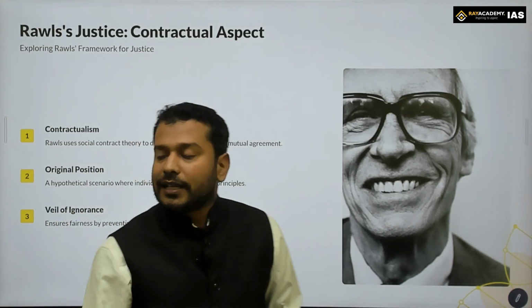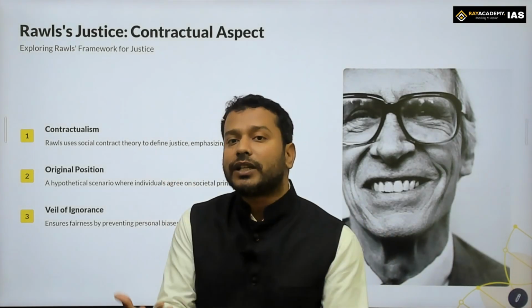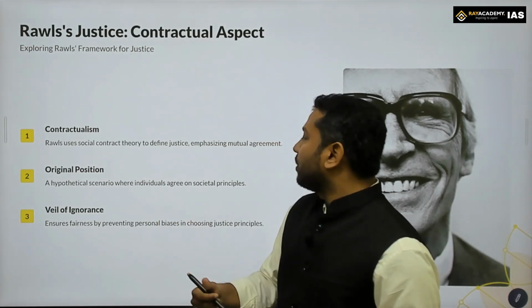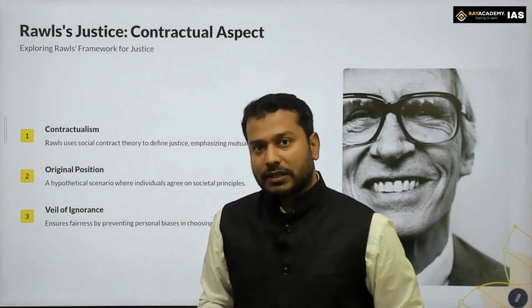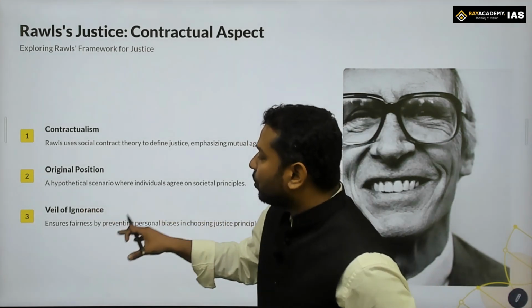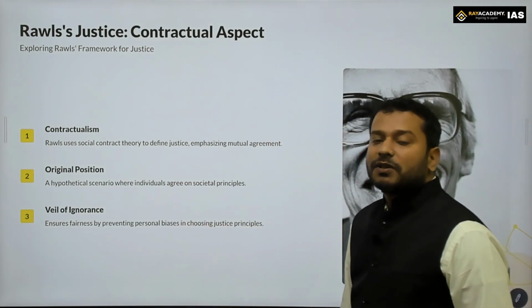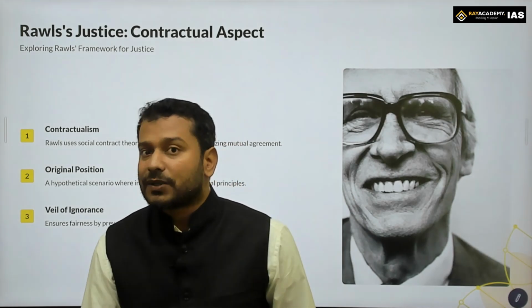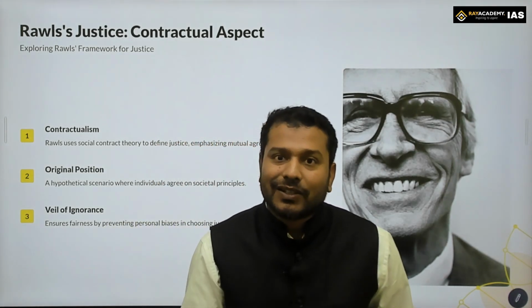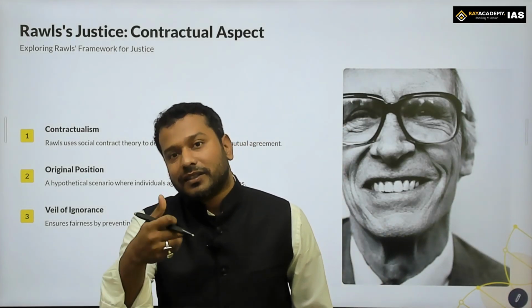Similarly, it also says that the original position is nothing but a hypothetical position where individuals agree on societal principles. At the same time, the veil of ignorance ensures fairness by preventing bias in choosing justice principles, because nobody knows about their status or their talent. So they will always treat everyone equally.